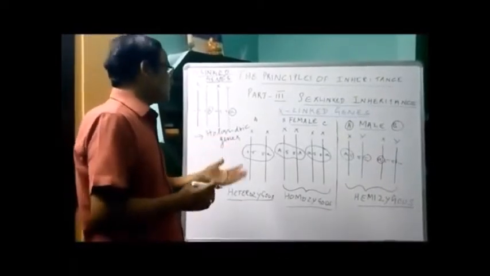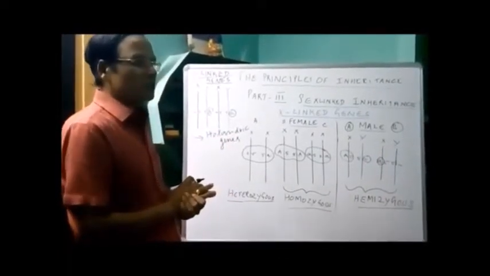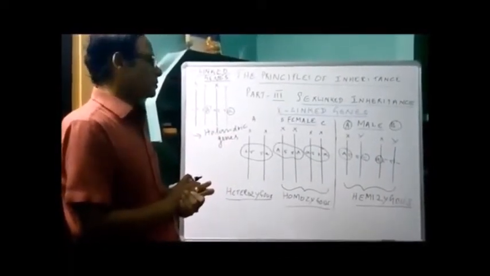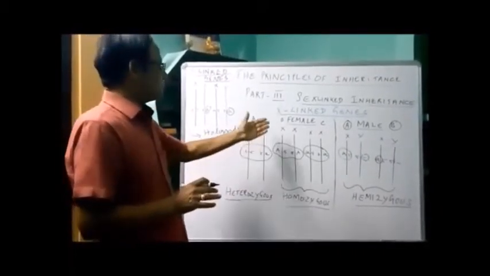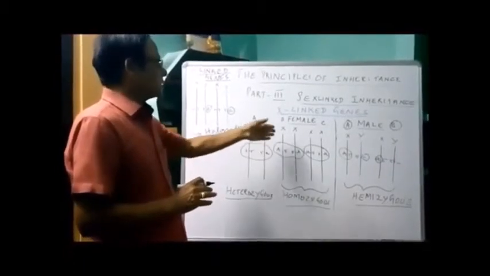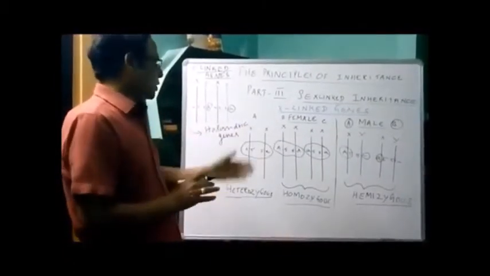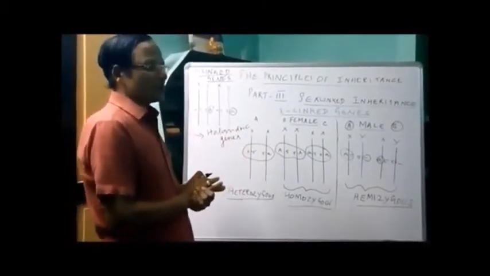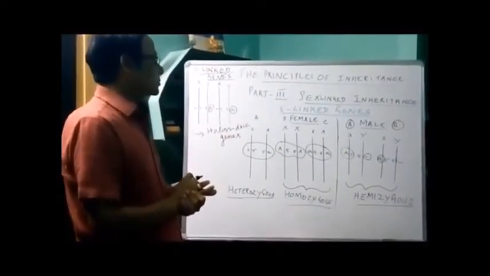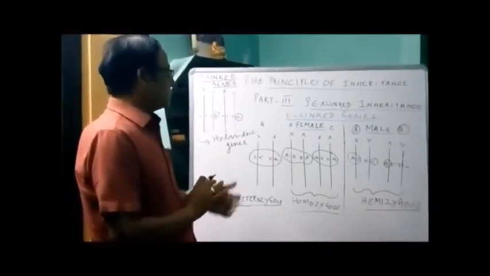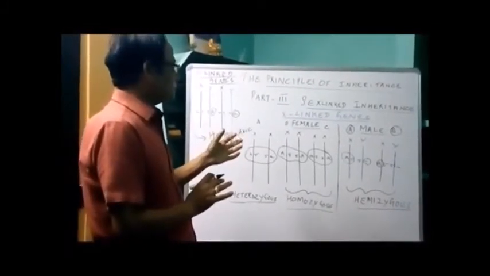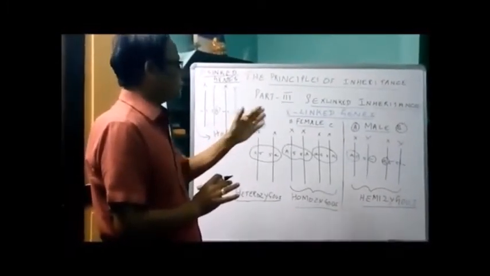The females receive X-linked genes both from father and mother. I repeat: the males receive X-linked genes only from mother, whereas the females receive X-linked genes both from female and male. We will discuss this later in the illustration. One X chromosome is coming from mother, one X chromosome is coming from father, so we are getting a female. So the females receive X-linked genes both from father and mother.